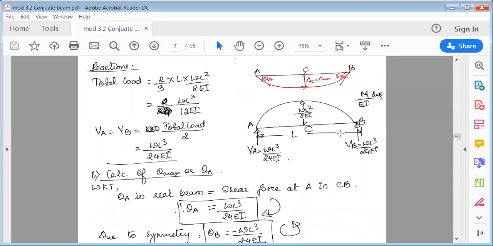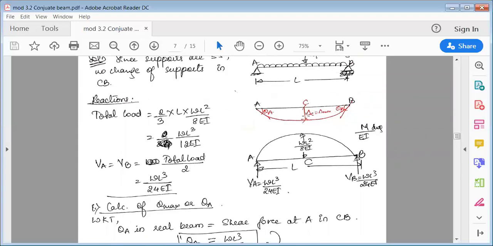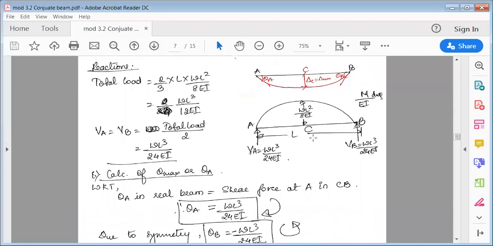Okay, after you draw this diagram, next is calculation of theta A, theta B, and delta C. Again go with the formula. We know that theta A in the real beam is equal to the shear force at A in the conjugate beam.